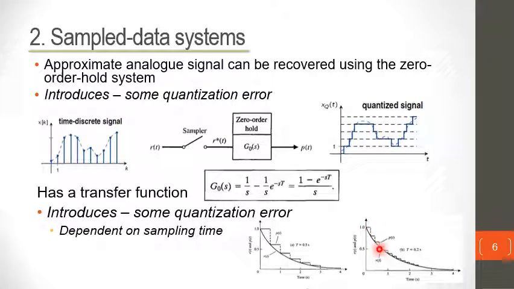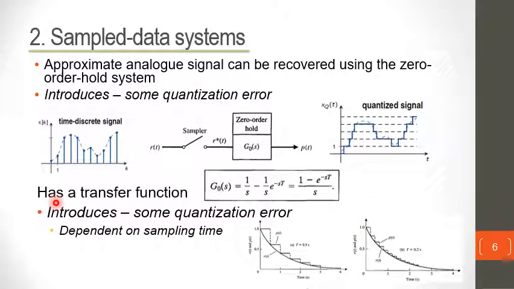So there is a difference between R of t and its approximation, which is P of t. There's always an error that this sample and hold process introduces, and this error depends on how quickly you sample. That is, the quantization error also depends on the sampling time.